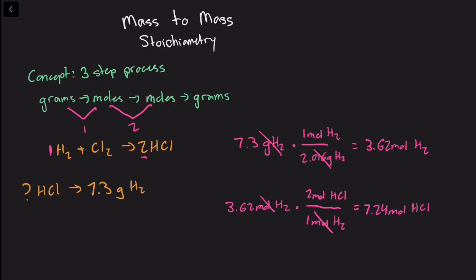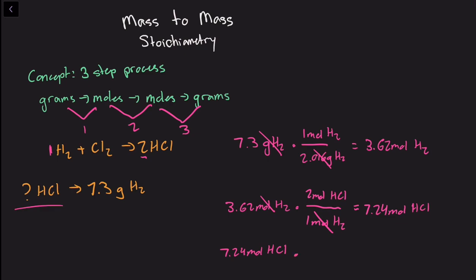So now we're working with a certain amount of our product, which is what we want to find. But we want our answer in grams of HCl. Right now we have moles of HCl. This brings us to our third step. So what we're going to do is take our 7.24 moles of HCl and do the exact opposite of what we did in the first step.